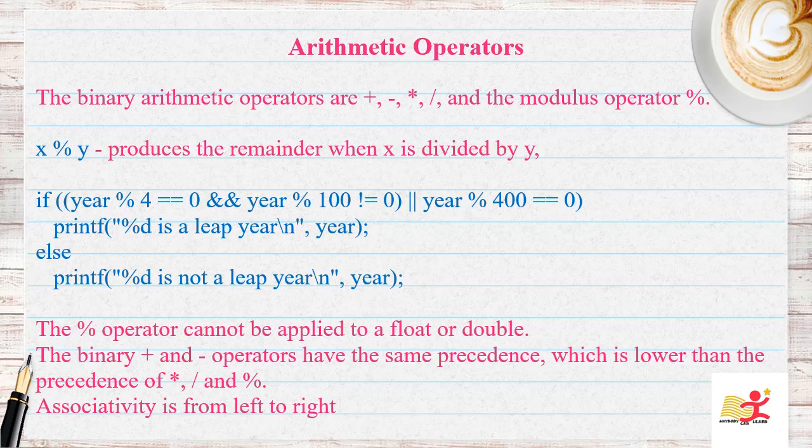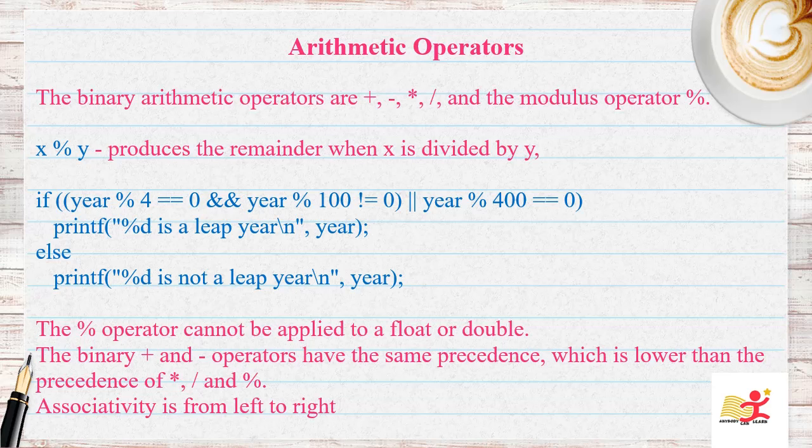So here not equal to 0 is checked. Or if any year is divisible by 400, in that case year percentage 400 equals 0. If either of these conditions is satisfied, it is a leap year, otherwise it is not a leap year.